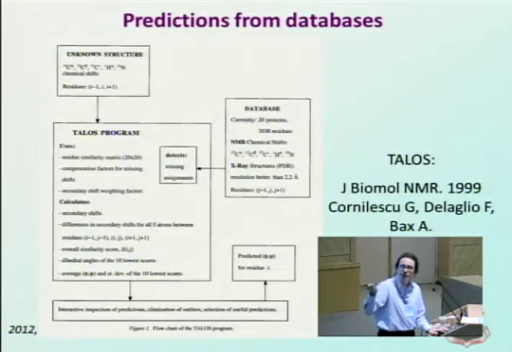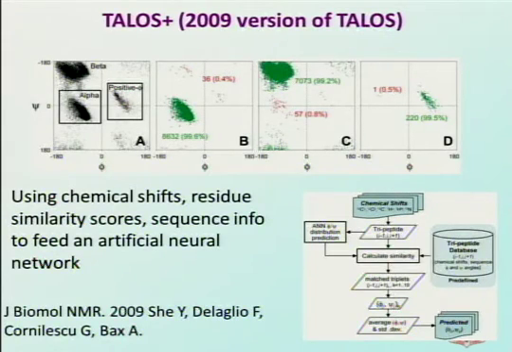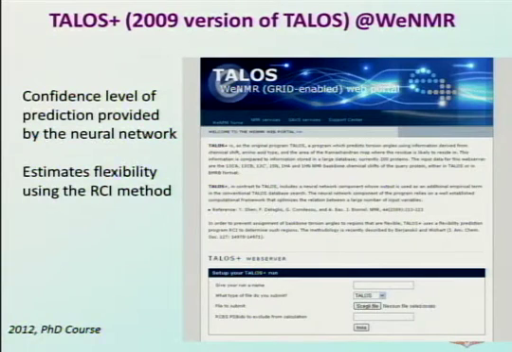So the first popular program was TALOS, and now there's a so-called TALOS+ version, which is relatively recent, which is using an extended database and also has an artificial neural network engine to support the predictions, and the error rates are of the order of 1%, as you see here. So it's pretty good predictions, I would say.